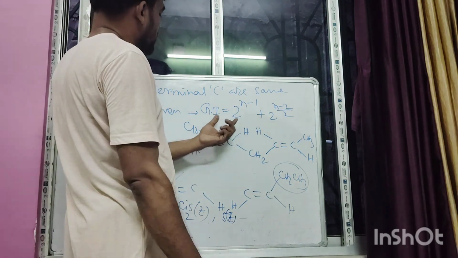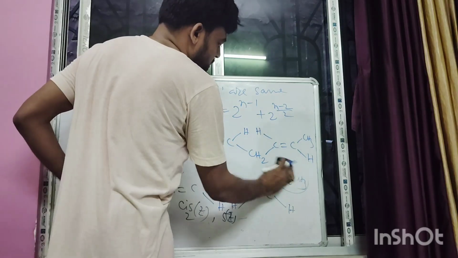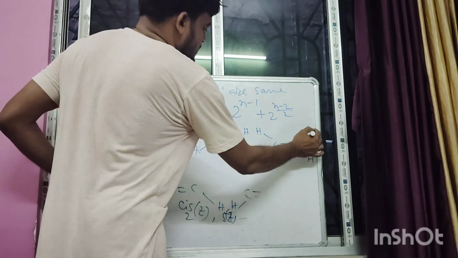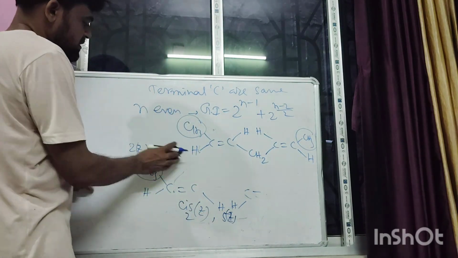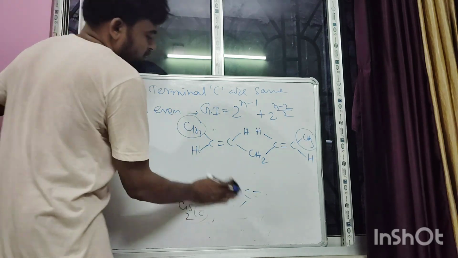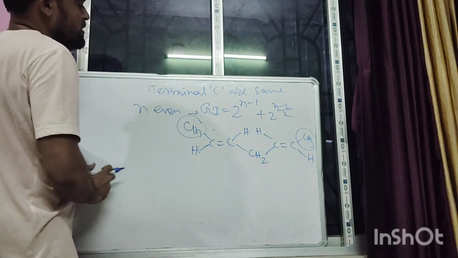Here the number of double bonds is 2 and the terminals are the same, that is CH3 here and also CH3 there, and the number of double bonds is 2, that is an even number.